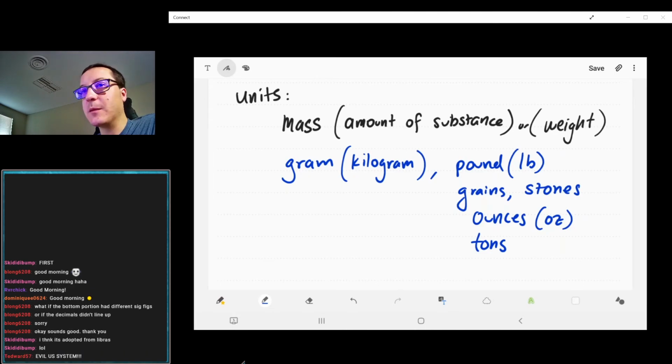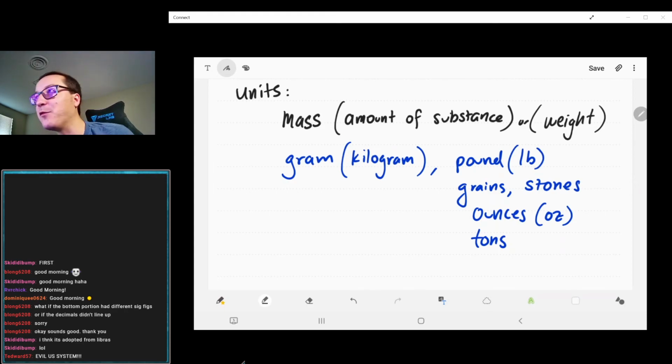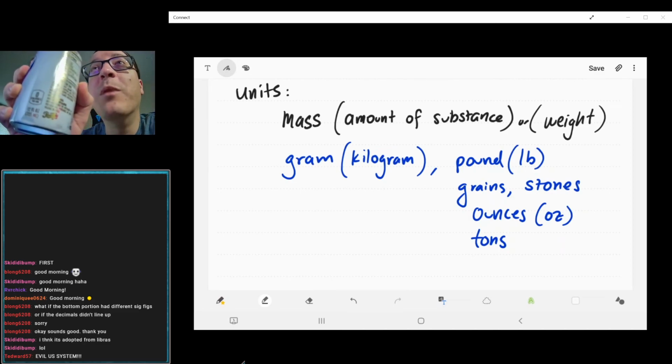So just putting some units out here. Yes, indeed. Evil U.S. system is ruined. It's interesting because the U.S. is kind of stuck halfway in switching to the metric system. That's why if you take your can of Pepsi or whatever, it has both units on it.